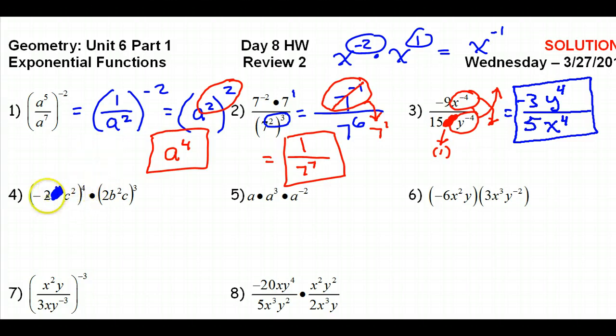With the -2, I actually have to do the 4th power, so it's like having -2 to the 4th power. 2 to the 4th power is 16, and -2 to the 4th power is still 16. Anytime you have an even power, you're going to wind up with a positive result because a negative times a negative is a positive.